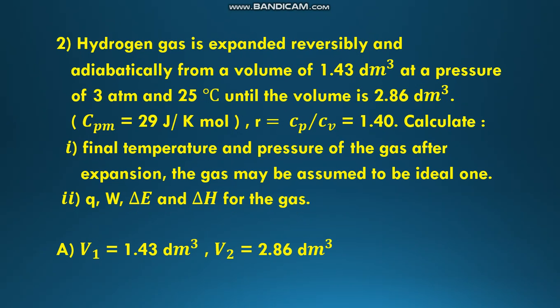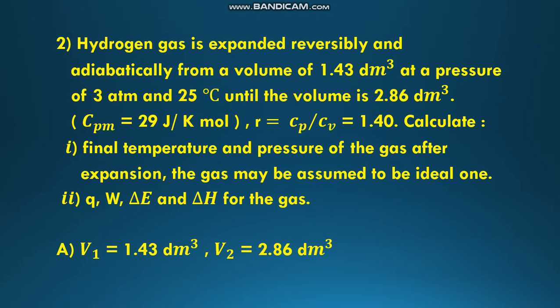Here the value of Cp,m is equal to 29 joule per kilomole K, and Cp by Cv is equal to 1.4. Now you have to calculate the final temperature and pressure of the gas after expansion. The gas may be assumed to be ideal. Similarly, you have to evaluate Q, W, delta E and delta H for the gas.